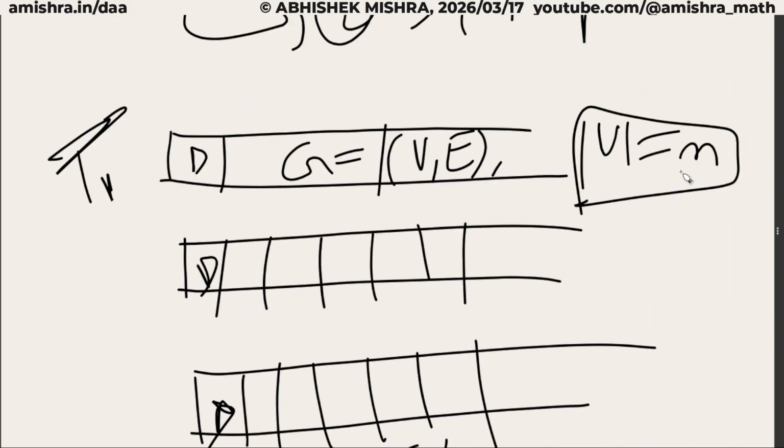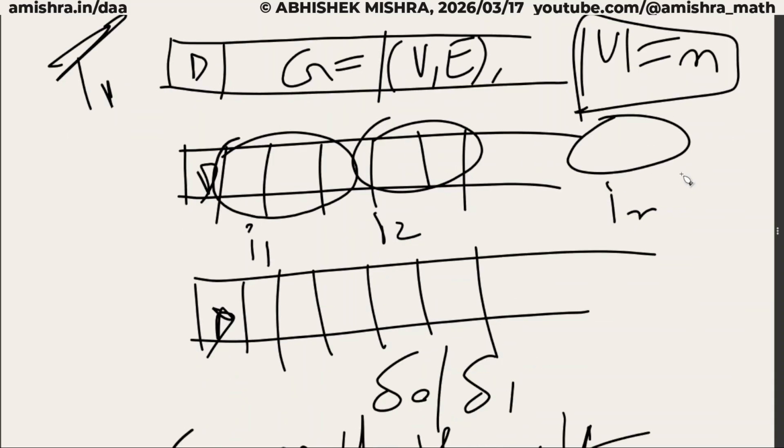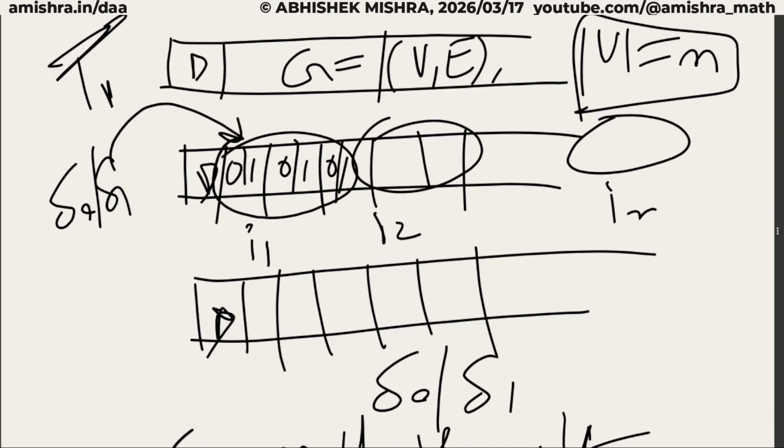We reserve that many cells for each integer, I1, I2 and up to In. Here we write the corresponding integer in binary 0, 1 values, making use of delta 0, delta 1 moves. Write the binary encoding of the integer, whatever it is, just guess. This way we are guessing n integers, and each integer corresponds to a vertex.